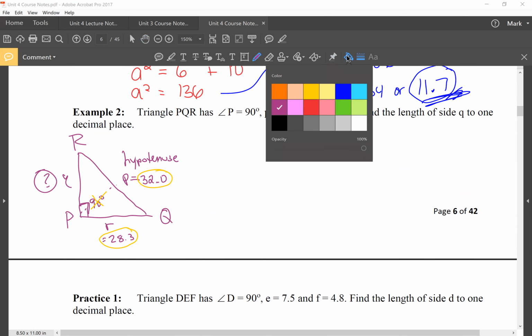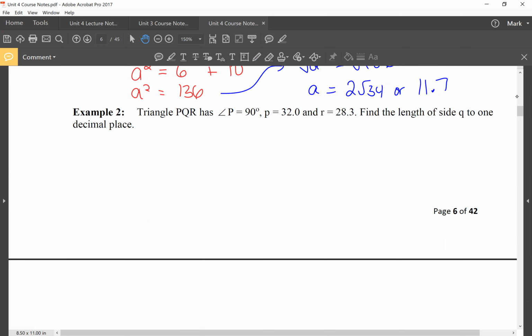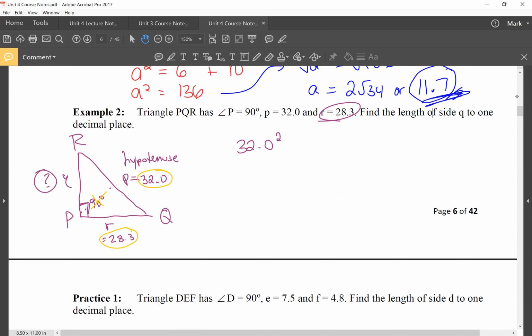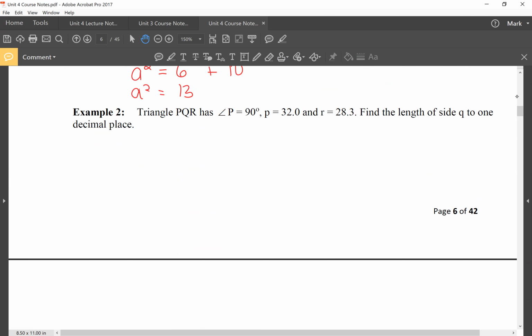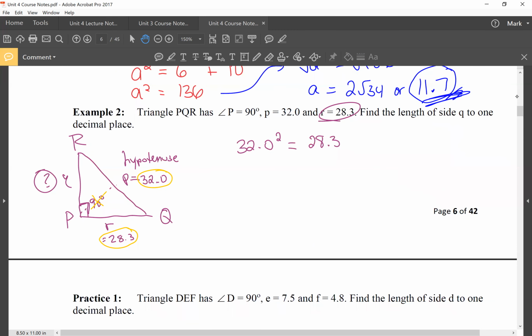So my hypotenuse is 32.0 squared equals, well, anything. It could be r squared, q squared. It doesn't matter how I put this, but I'll say the r leg 28.3 squared plus q squared.